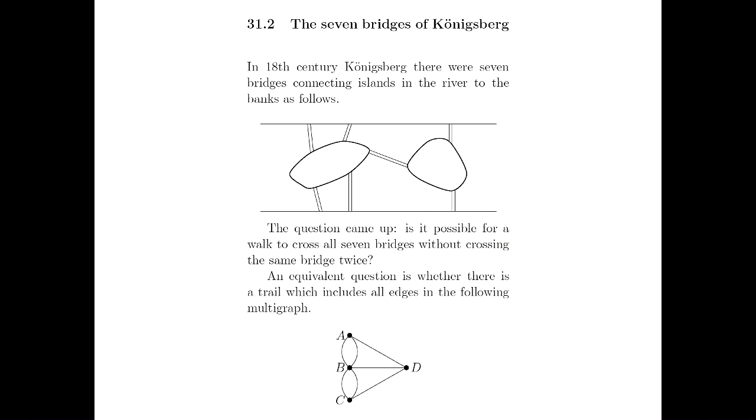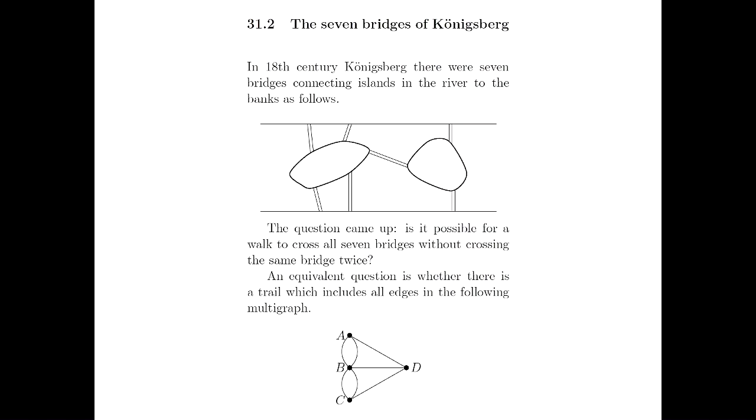And what's the setup? Well, what we want to do is a walk which uses every edge exactly once. Remember, a walk that uses every edge at most once is a trail.